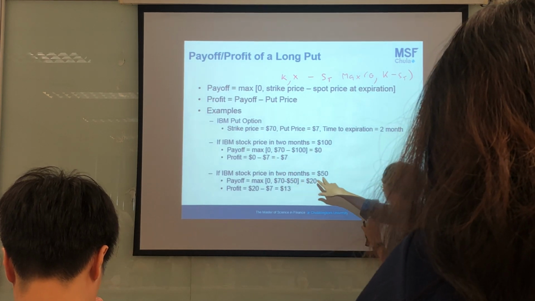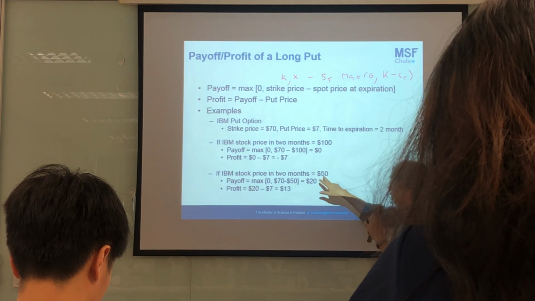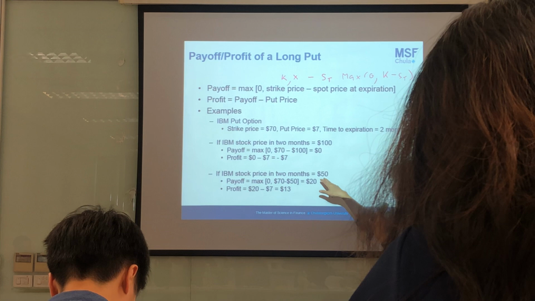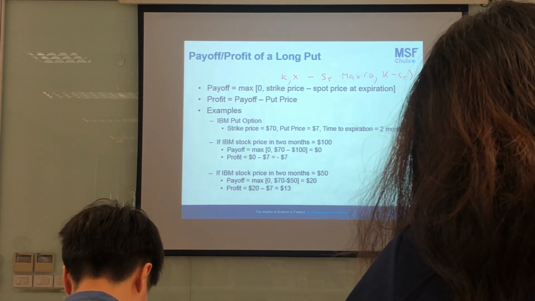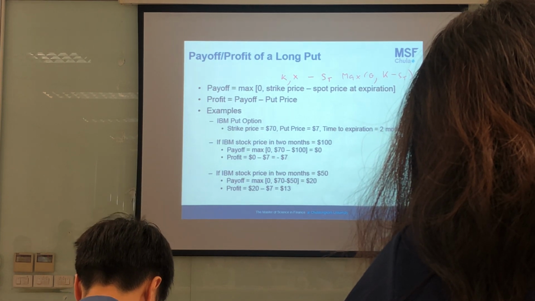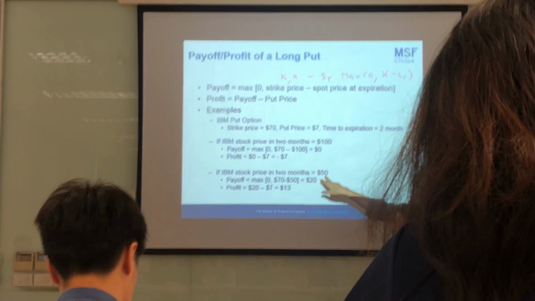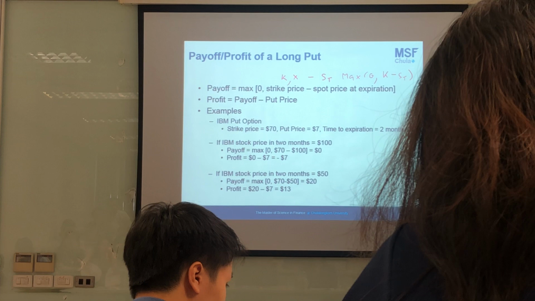Let's consider the other case, when the stock price is lower than the exercise price, say $50. In this case, you can exercise the put option to sell to the option writer at 70 rather than sell the IBM in the market at 50.